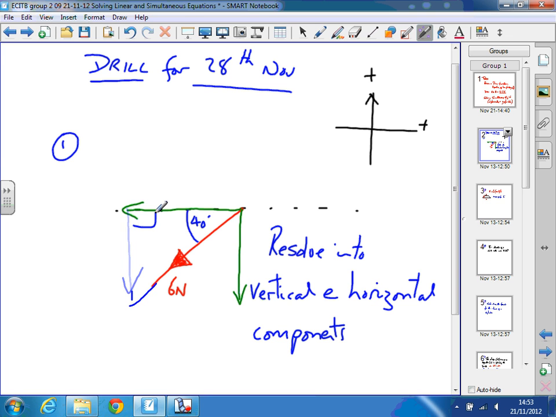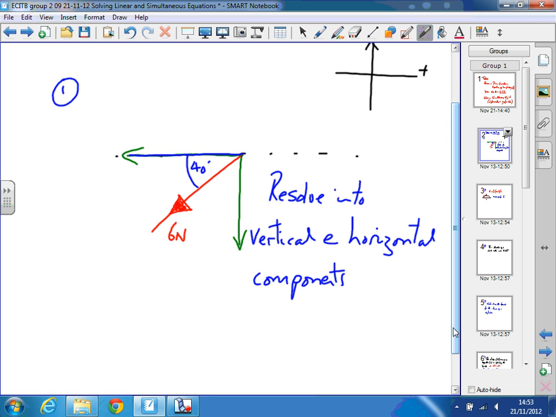So the vertical component will be this side of the triangle, and the horizontal component will be this side of the triangle. So it's just straight trigonometry now using sine and cosine ratios. So let's complete our triangle, and then we say, in this case, if we're after the vertical component, that's going to be the hypotenuse times the sine of the angle, because it's the side opposite the angle.